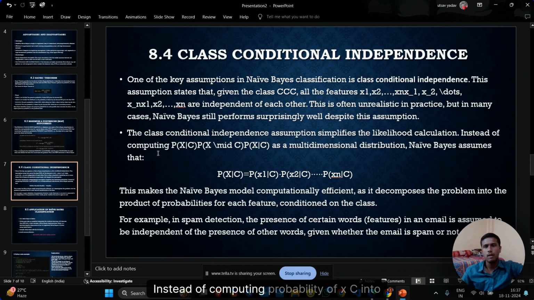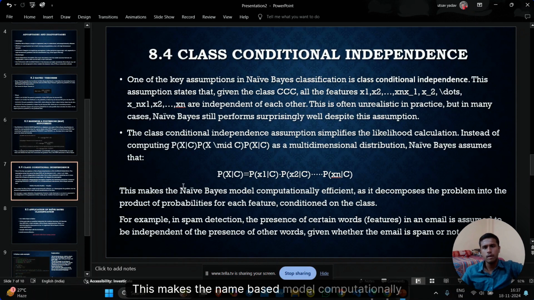Instead of computing P(X|C) as a multidimensional distribution, naive-Bayes assumes that P(X|C) is equal to P(x1|C) times P(x2|C) up to P(xn|C).